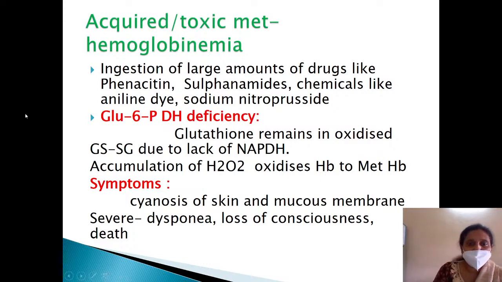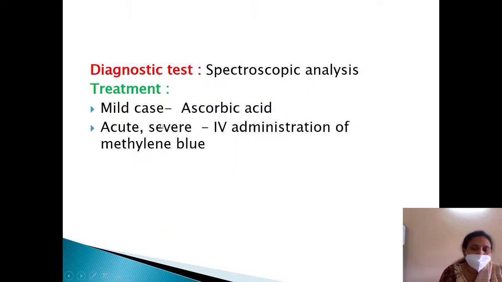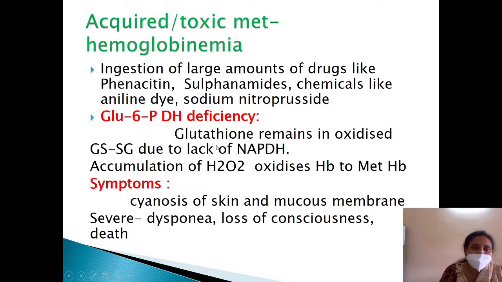Because of the deficiency of the enzyme, glutathione remains in the oxidized state, and it cannot convert H2O2, hydrogen peroxide, to water. That leads to accumulation of H2O2 in blood. H2O2 then oxidizes Fe+2 to Fe+3, thereby increasing the production of methemoglobin. So acquired methemoglobinemia may be due to these reasons.